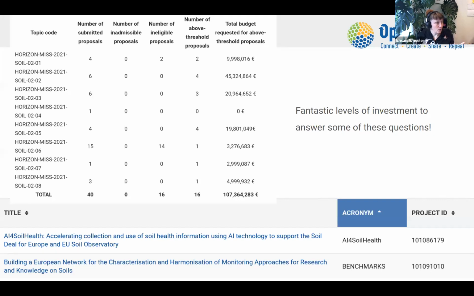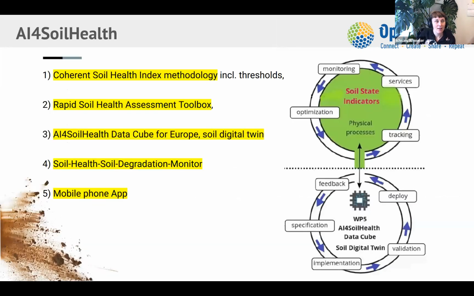So there are actually 2 projects that got funded under this line here, and I have to say, it's also benchmarks as well. It's really nice to see how much funding is going into soils and environment and agriculture. Personally, wonderful. I'm very happy everyone is getting into it now.